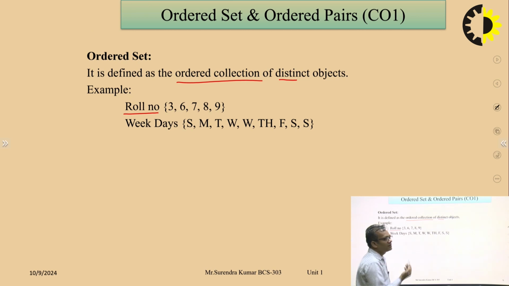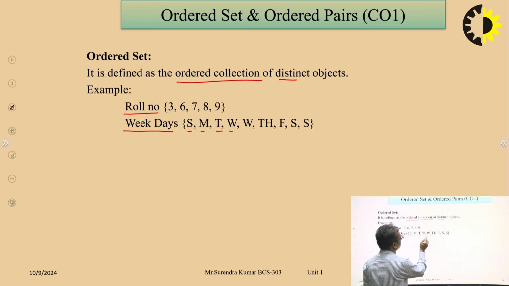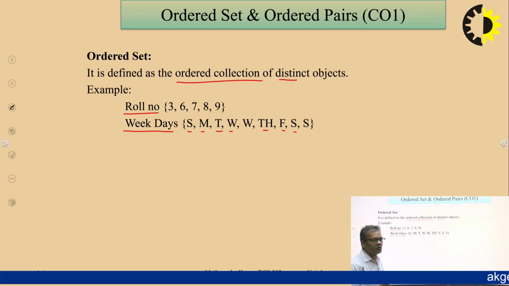It is in increasing order or decreasing order. It has some order. Or we can say a set of weekdays which contains Sunday, Monday, Tuesday, Wednesday, Thursday, Friday, Saturday and Sunday, right? So in this way we can say this is an ordered set which maintains a sequence or maintains an order.